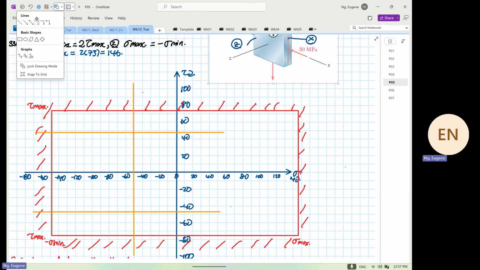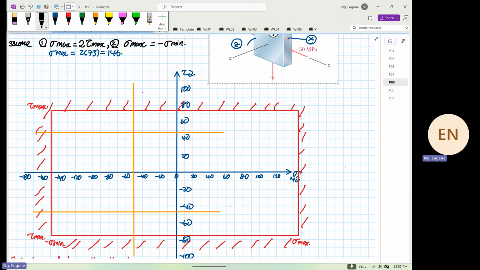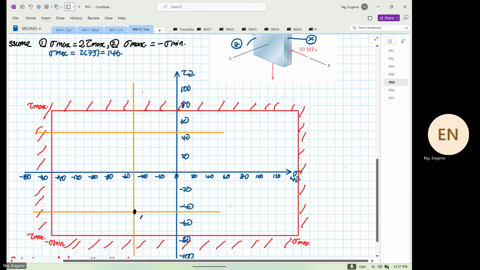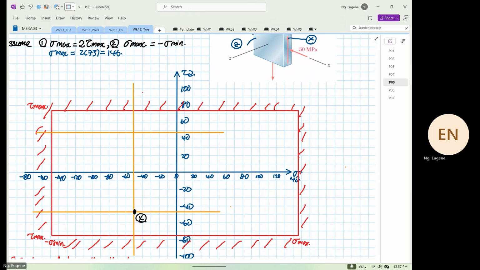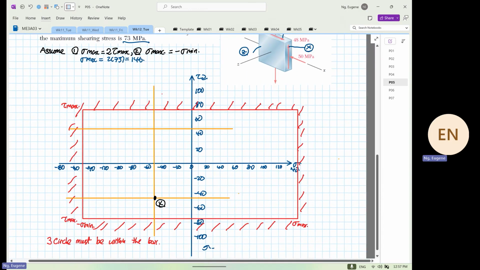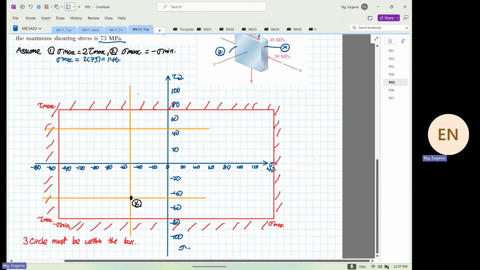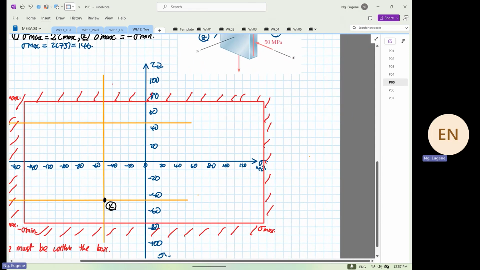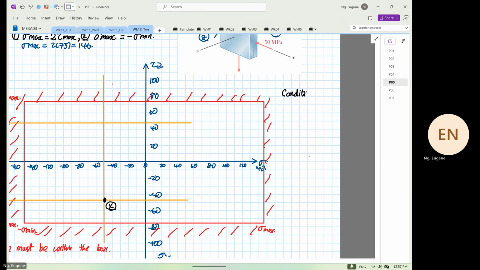So this is our point what? This is our point X. Okay. So the first thing that we're going to do, I got nowhere to write. Okay, it's okay. We are going to use condition number 1. Or not condition, okay?